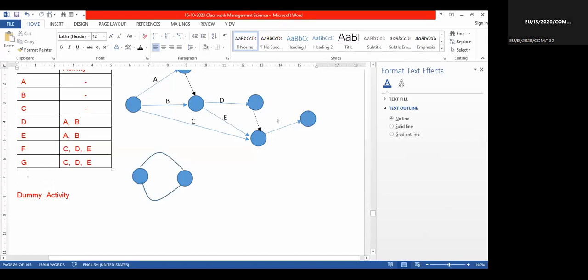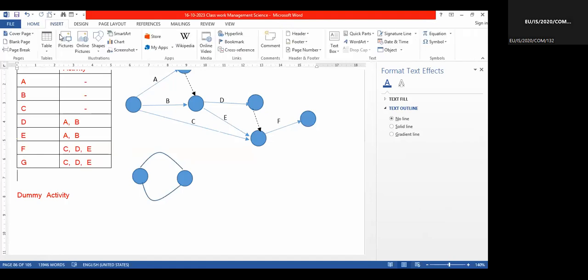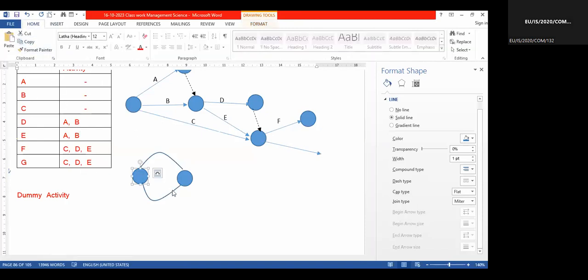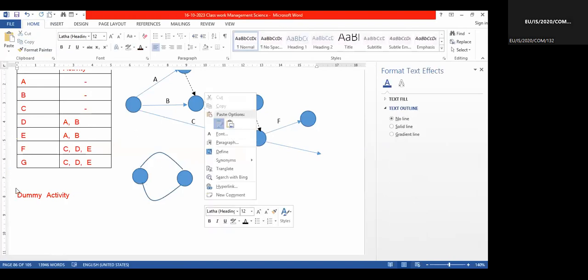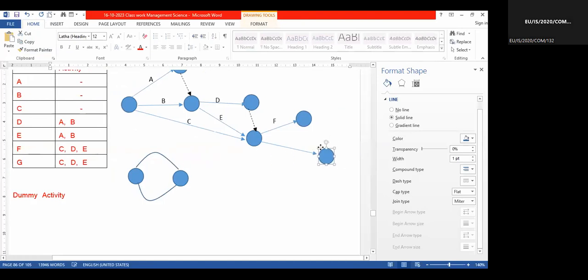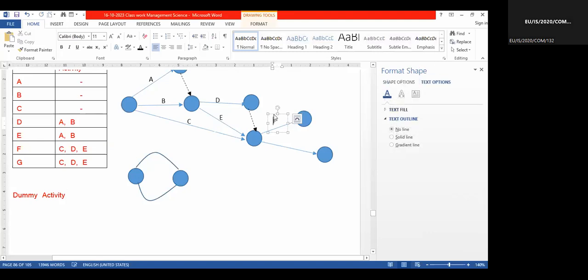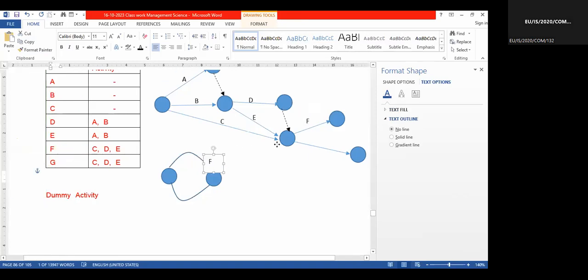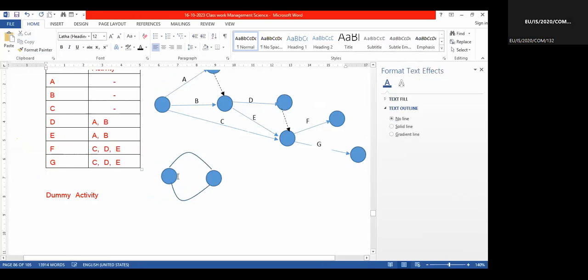Then G also says it starts from C, D, E. Then I can use another arrow mark easily to denote G. Now I put this as G. So G also has four.